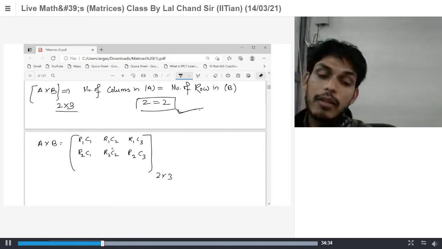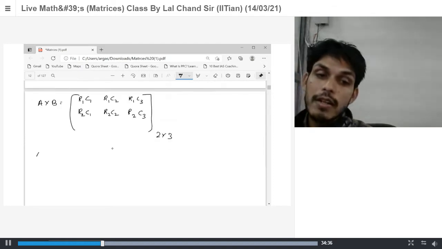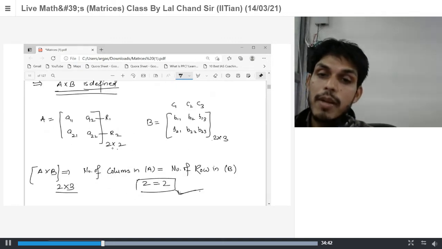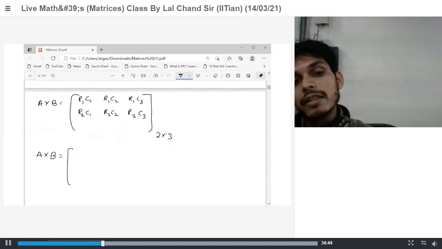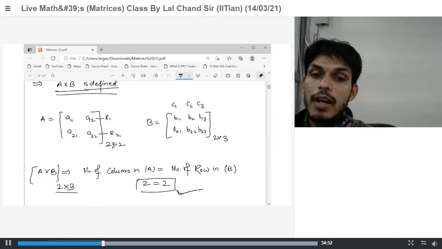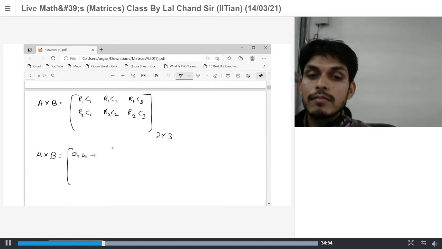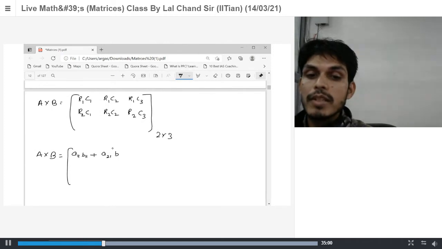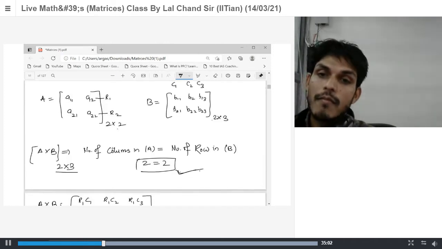These are the elements of A cross B. So now we need to find A cross B. To find R1 C1, it means this row is multiplied with the column. So we will write A11 B11 plus A12 B21.